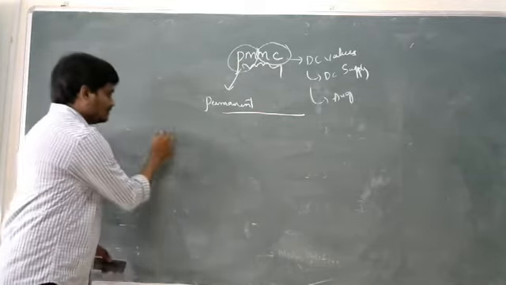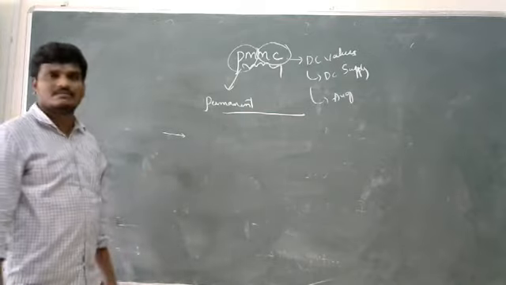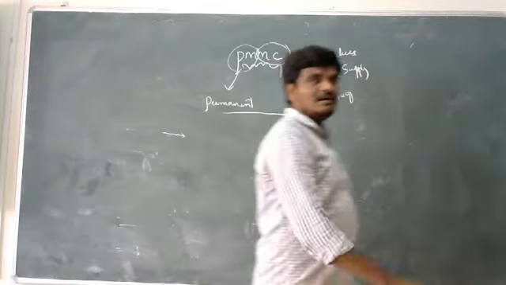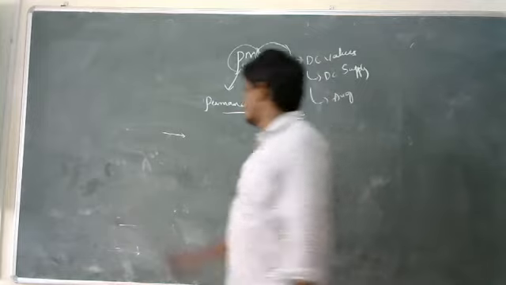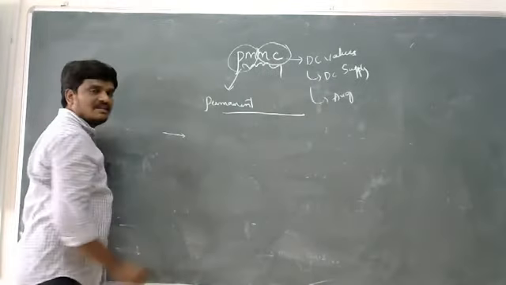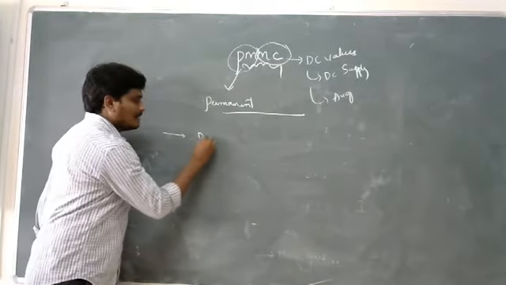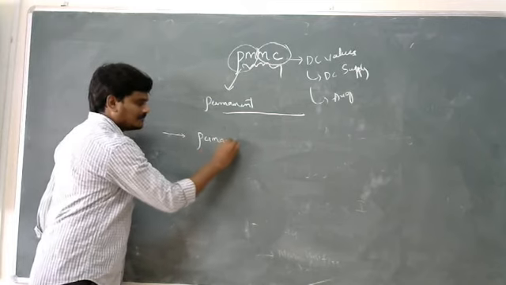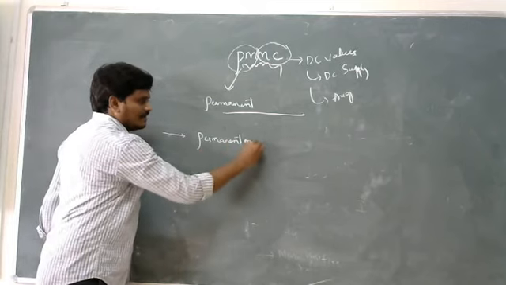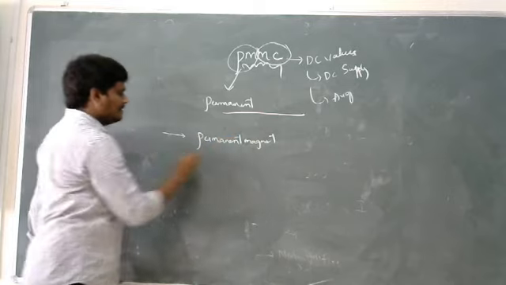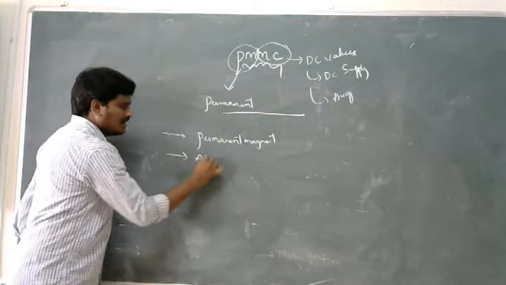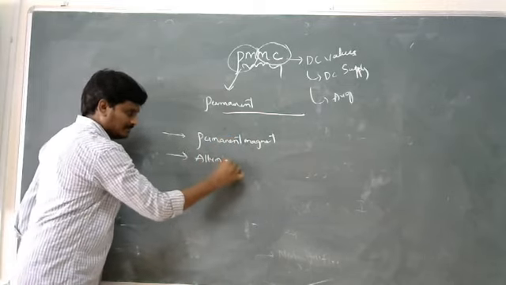Now coming to the constructional parts of a PMMC instrument. As the name itself indicates, it consists of a permanent magnet, and the second part is the aluminium frame.